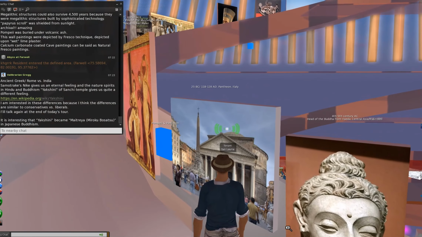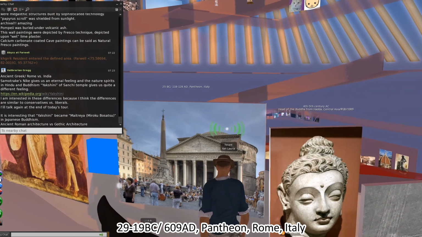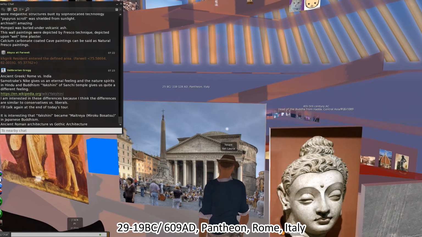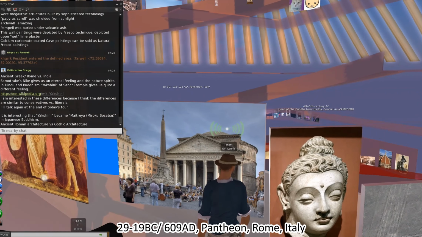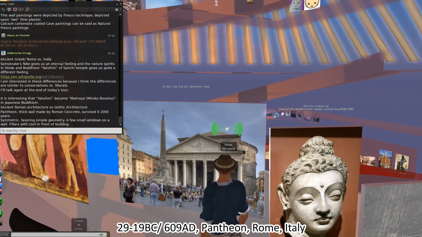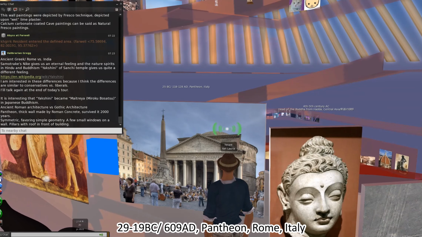And this is Pantheon, ancient Rome. Pantheon has a thick wall made of Roman concrete, so it survived 2000 years.